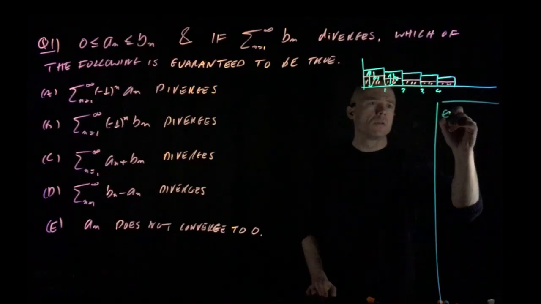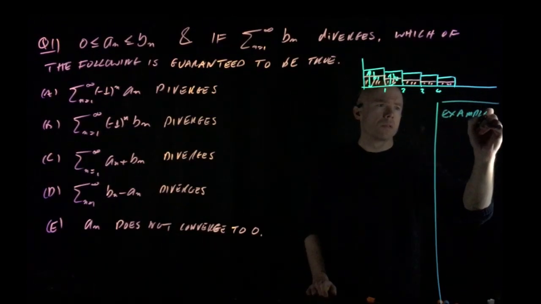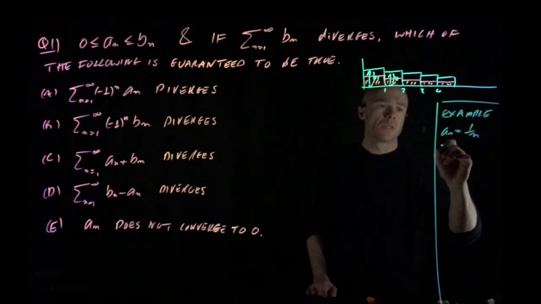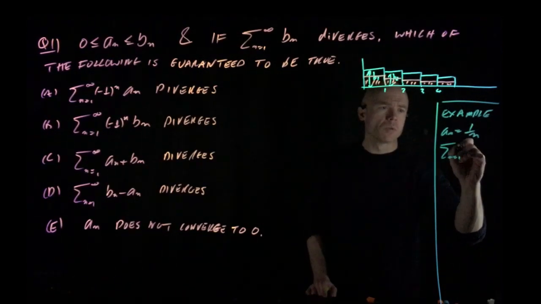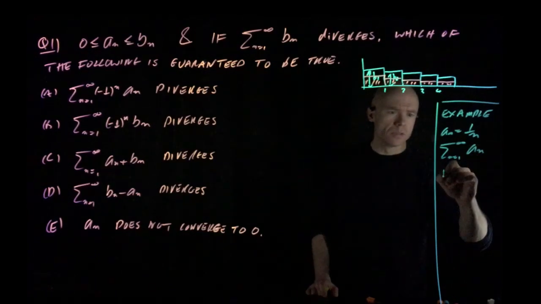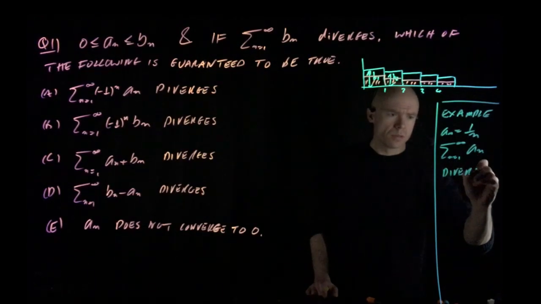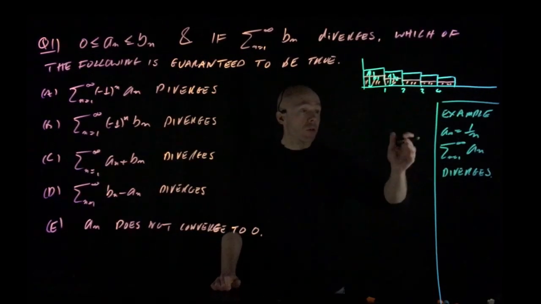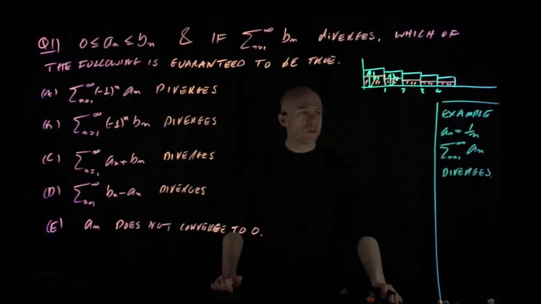So for example, with an equal to 1 over n, the sum from n equals 1 to infinity of an diverges. So going to 0 at the rate of 1 over n is not good enough.